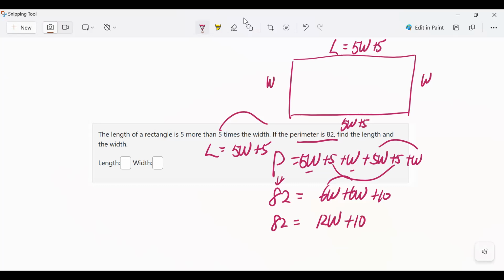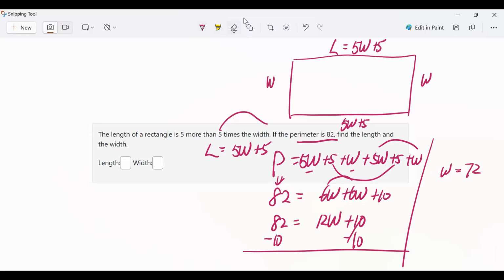Now we get a linear equation with one variable. First, subtract 10 from both sides of the equation. So that's 12W equals 72. Then divide both sides of the equation by 12. Cancel 12, W equals 6.